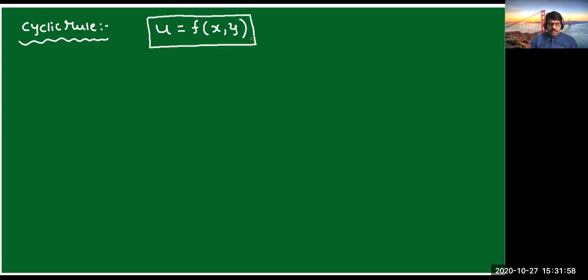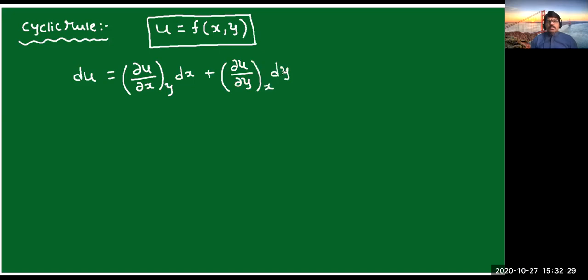We already discussed in the previous video the total differential, that is du is equal to del u by del x at a constant y into dx plus del u by del y at a constant x into dy. This is the total differential. But it is very clear which rule we are talking about: the cyclic rule.